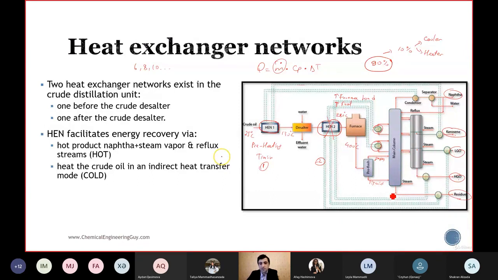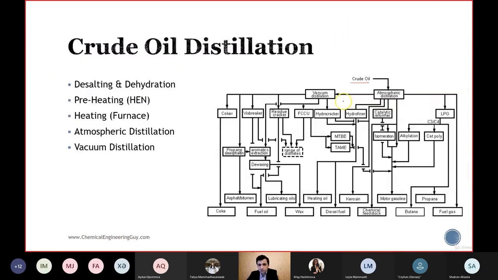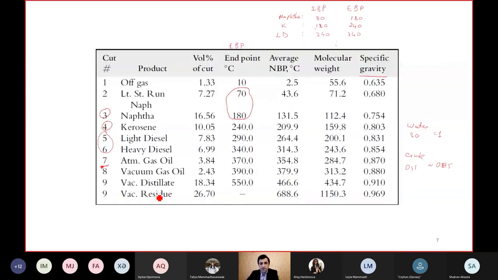So thank you for your question. To answer your question, I will go back. So vacuum residue has higher density, and you are right that it is hard to move it.